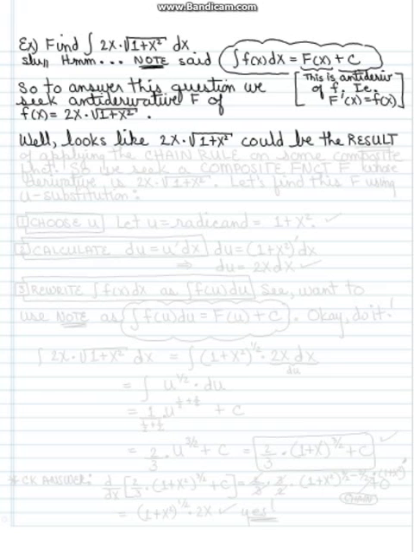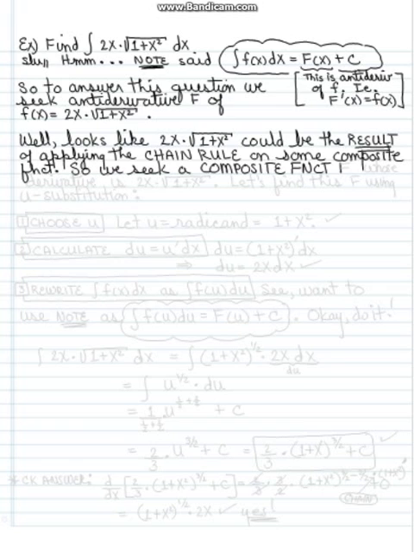It could actually be the result of applying the chain rule on some complicated function. So let's restate what we're looking for. We seek a composite function, capital F, whose derivative is little f, which is 2x times the square root of 1 plus x squared. Let's find this capital F.